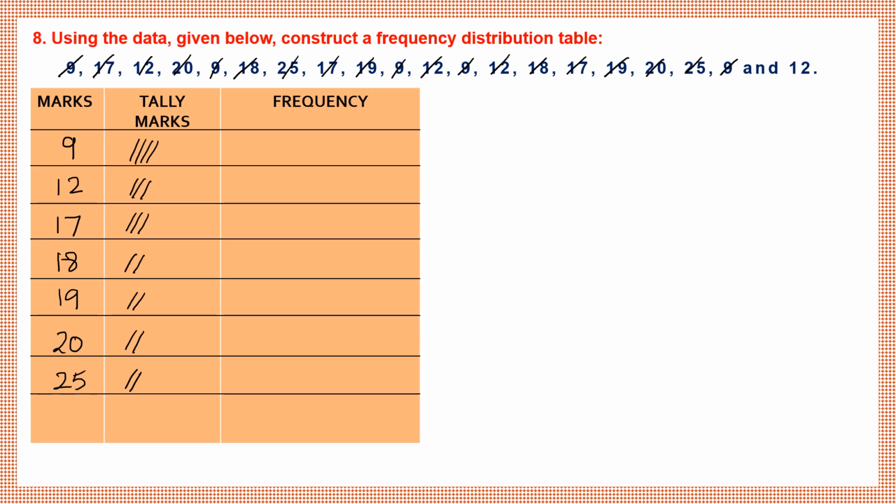Now 9 is the fifth one, so we'll draw a slanting line covering all 4 lines, so we have a bunch of 5. And the last one is 12. Okay, so we're finished with our tally marks.